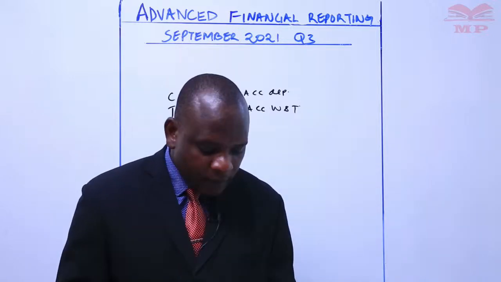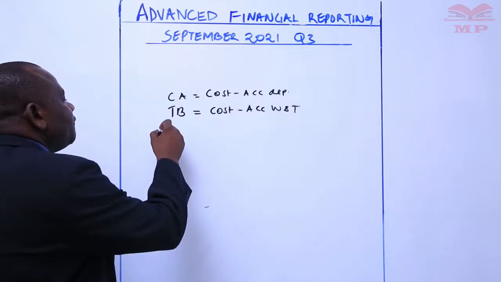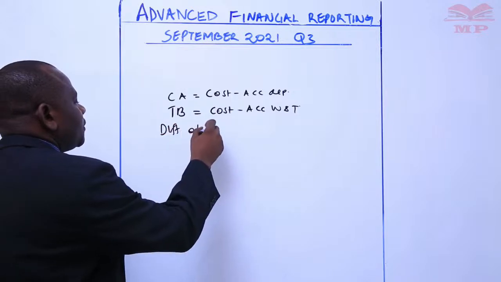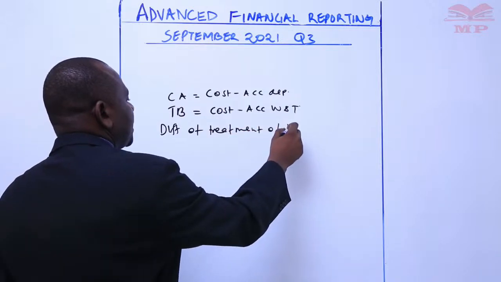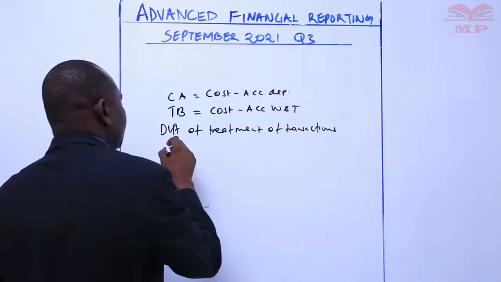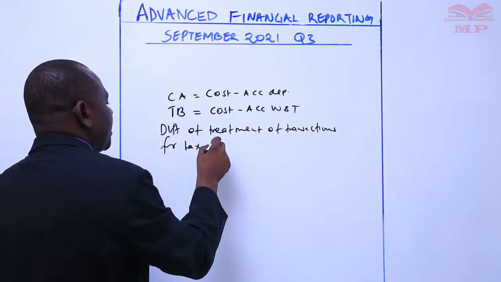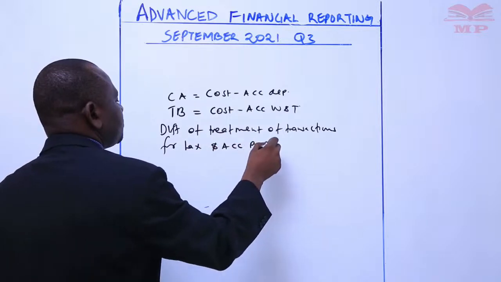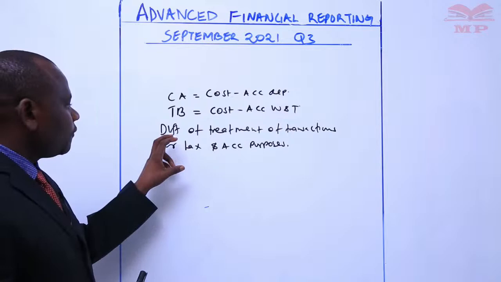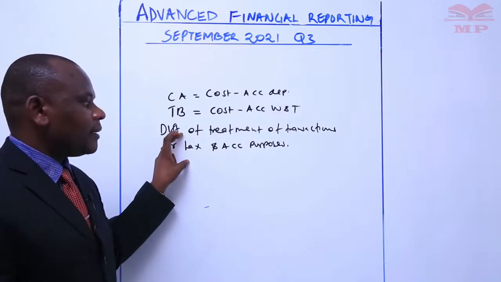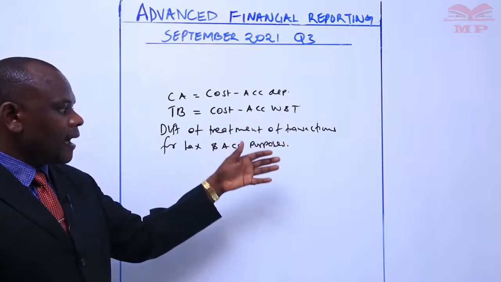So I did indicate that deferred tax arises as a result of the differences of treatment of transactions for tax and accounting purposes. The taxman will follow the Income Tax Act. The accountant will follow the generally accepted accounting principles and the IFRSs and IASs.